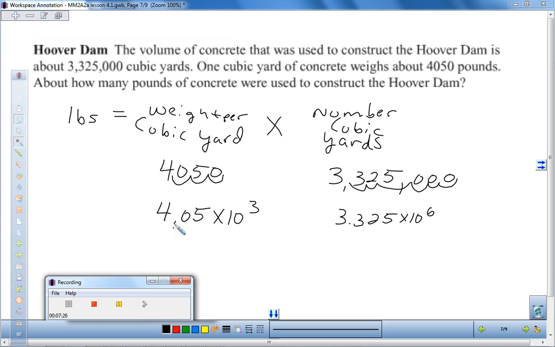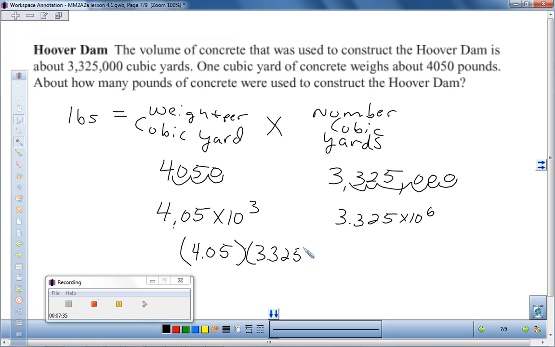Now what we can do here is multiply this times this. We multiply the numbers in front together, and then we add the exponents because we're multiplying. So we multiply these numbers together, and when we do that, we get 13.46625 times 10 to the 9th.